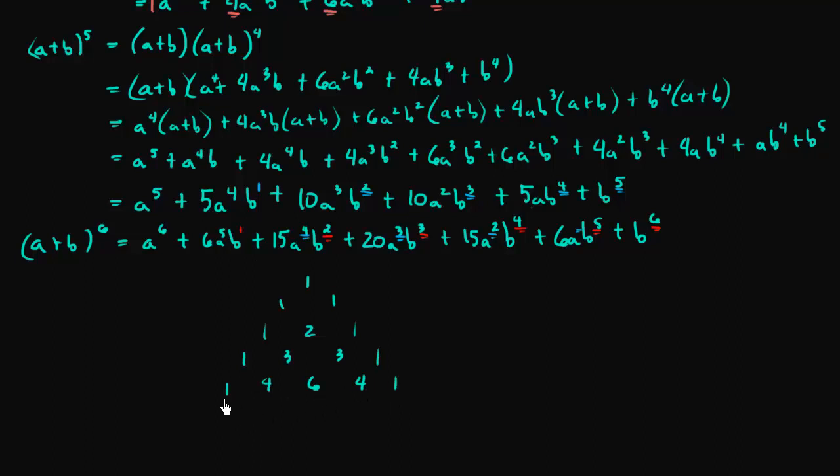And then a plus b to the power of 5, we had 1, 5, 10, 10, 5, and 1. So let's write that in this pattern here. And then a plus b to the power of 6, we had 1, 6, 15, 20, 15, 6, and 1.